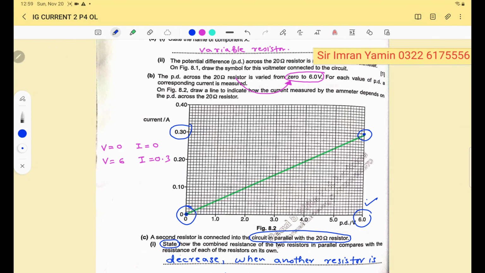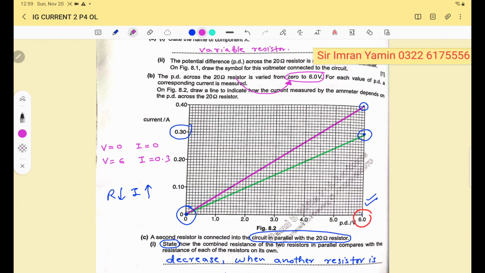When you apply 6 volts and connect a parallel resistance, the total resistance decreases, so the total current will increase. For the same 6 volts, the current reading will increase. If the current reading increased, then obviously the graph will be above this graph.